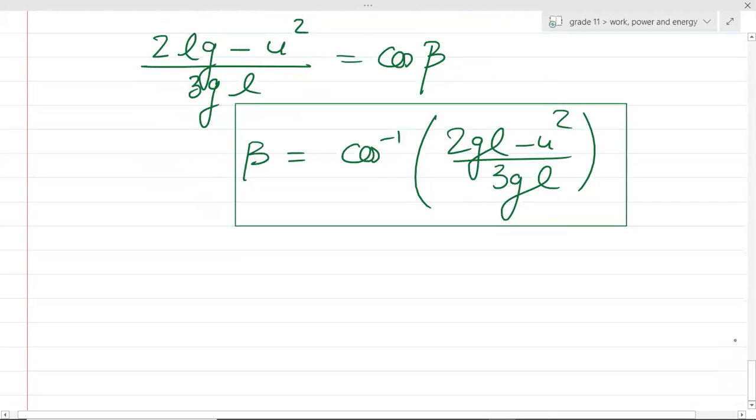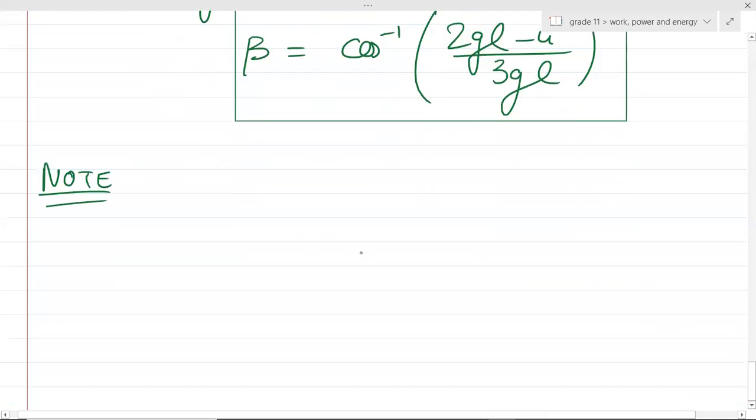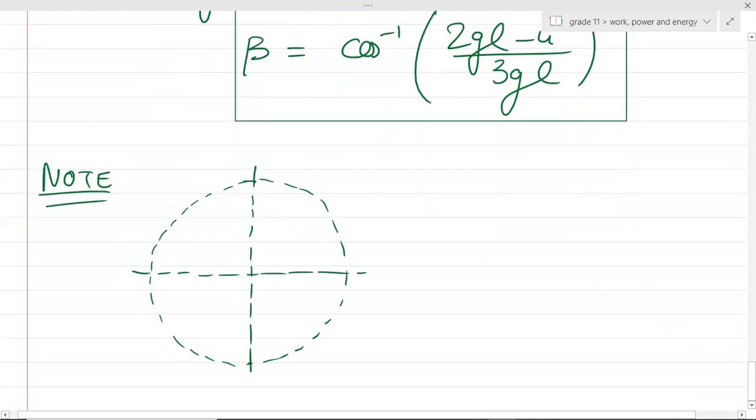Remember this particular thing. Conceptually, suppose I say the whole vertical circular motion can be divided into 4 quadrants. Since we are starting and throwing the object from here, I'll name this as my first quadrant.